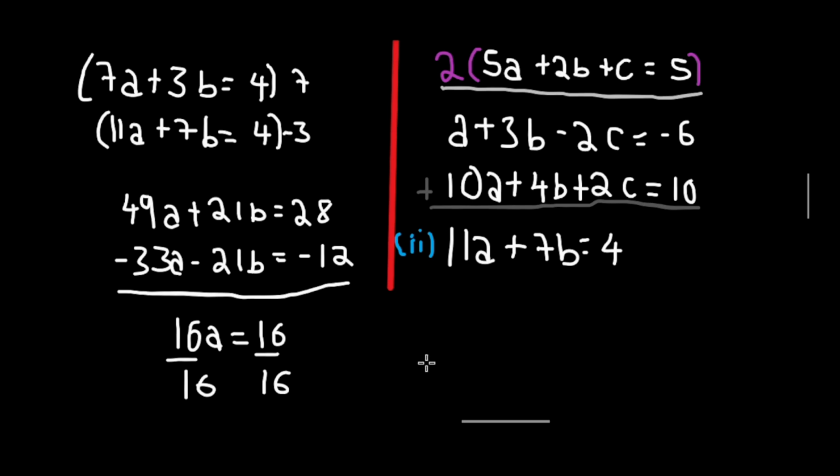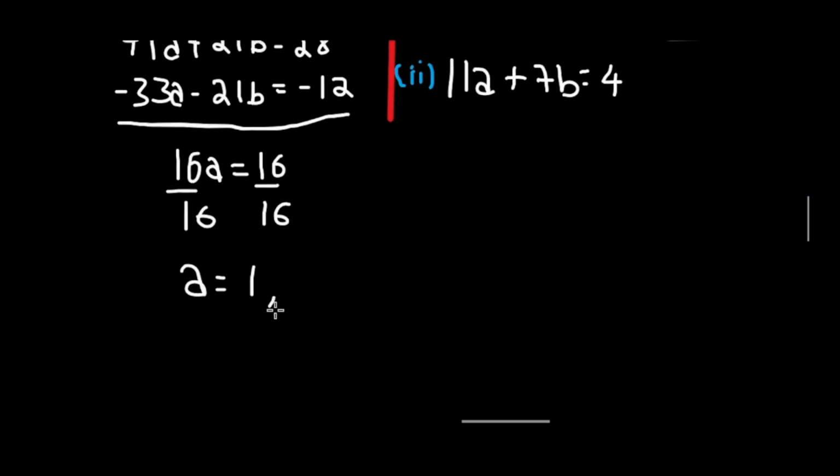I'm just going to bring it here, and since I know that my value of a is 1, I'm simply going to replace a with 1 and see what my value of b will be. So we're going to have 11a plus 7b being equal to 4.